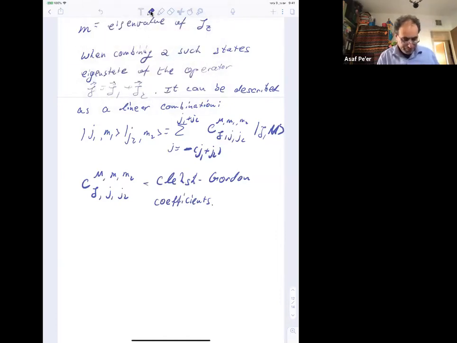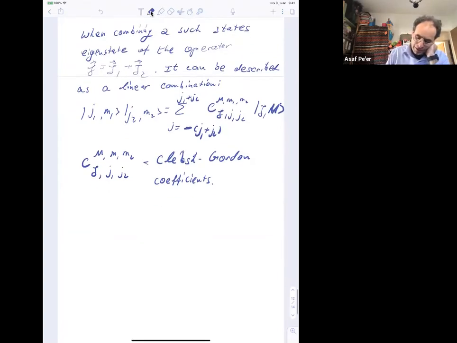Now, there's no need to derive them because they have been derived and you can find them in any table. You just need to use them for a given combination of J1, J2, M1, and M2.